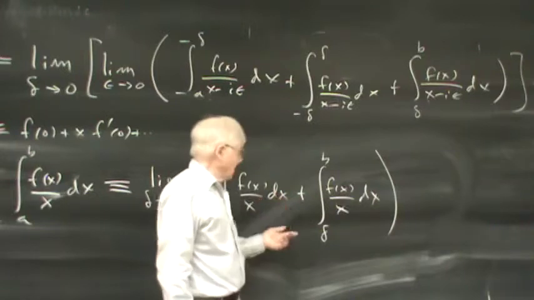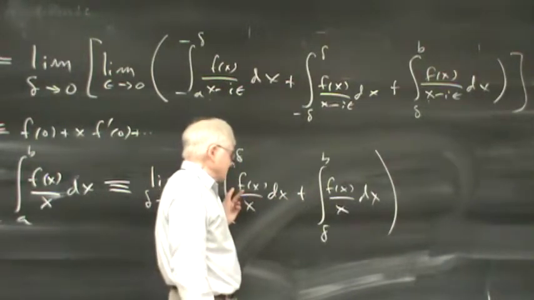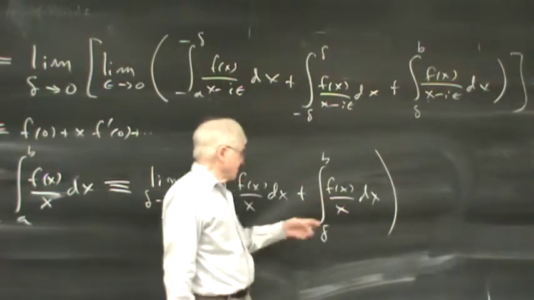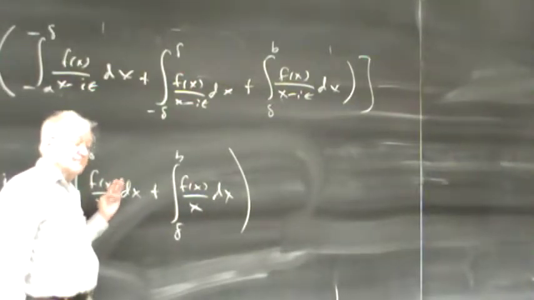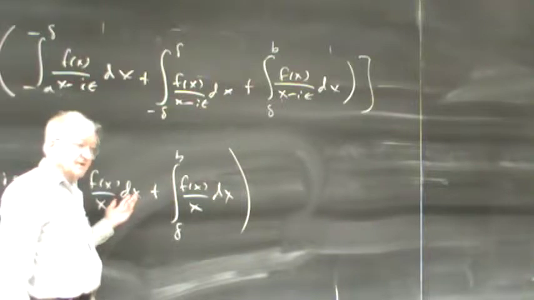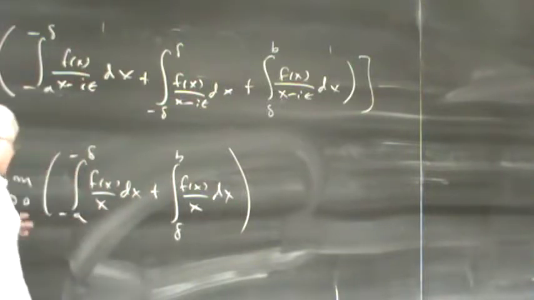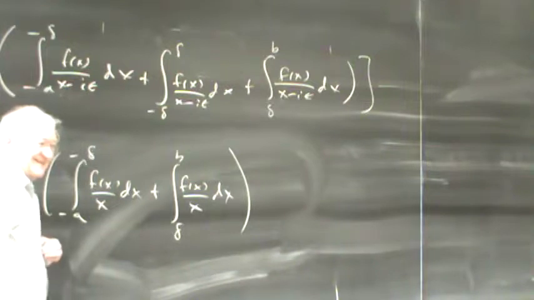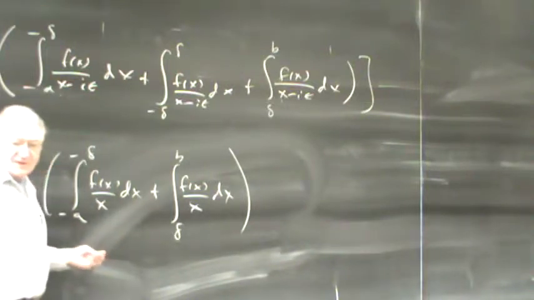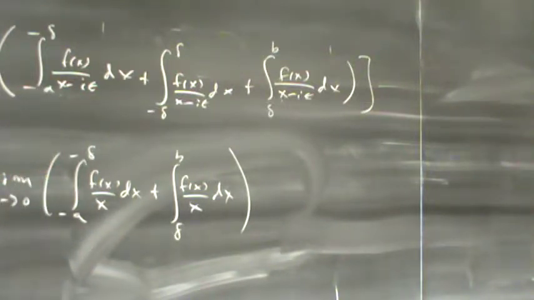So the singular part, the worst part of this integral, will cancel the worst part of this integral if f of x is even. And on the other hand, if it's odd, well then you've got a bit of a problem, and there's not much you can do about it. But if it's even, you can do something about it.